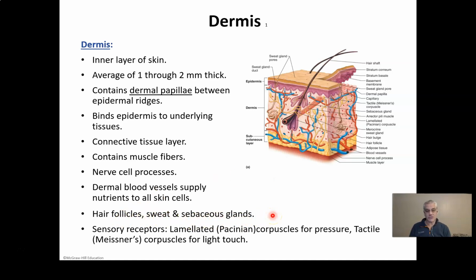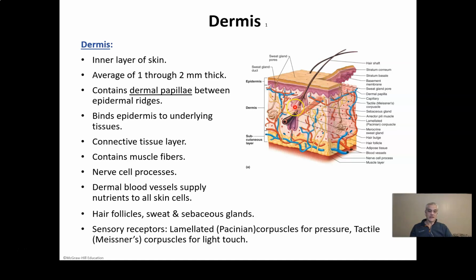So if I ask you a question and say these structures are dermal structures, I have to be very careful when I ask questions about this. I want to make sure that you understand that these structures are epidermal in origin, but they reside in the dermis. I want to make sure that you understand the distinction between those two things.